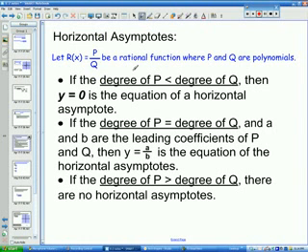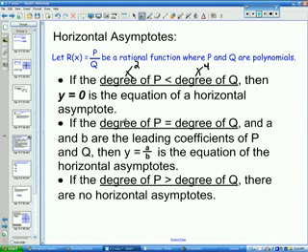In other words, if the top, let's say p, is x squared, and the bottom, q, happens to be x to the fourth or something. That would be a case where the highest degree on the top is smaller than the highest degree on the bottom. Then y equals 0 is an equation of a horizontal asymptote. So you would just have a horizontal line at the x-axis, or y equals 0.